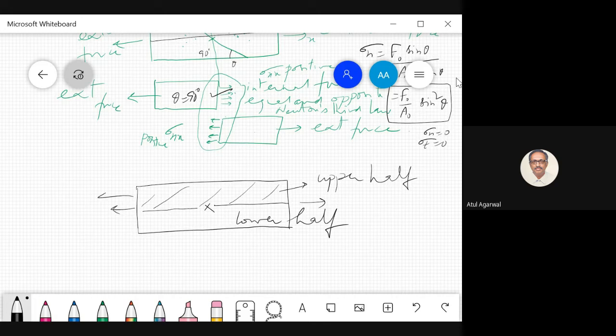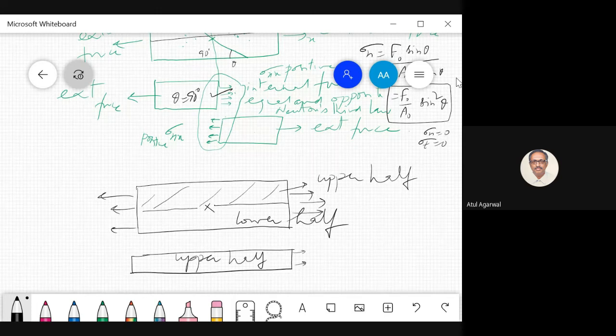Now, it is a uniformly distributed force on these ends. So if I am drawing the free body diagram of the upper half, this is a uniformly distributed force. So if this force was F naught, here you will get F naught by 2.